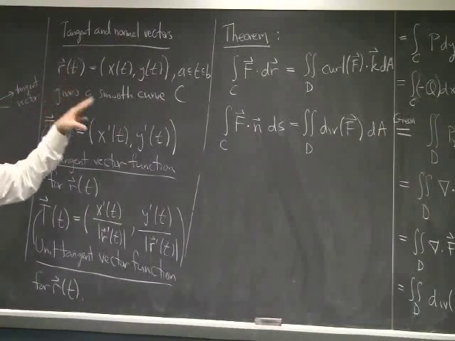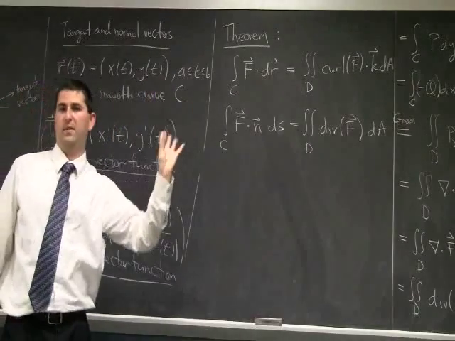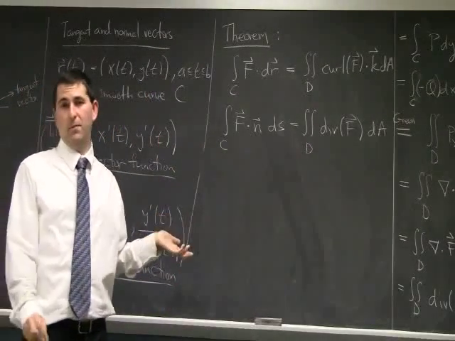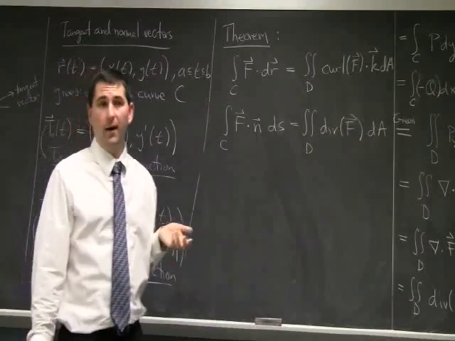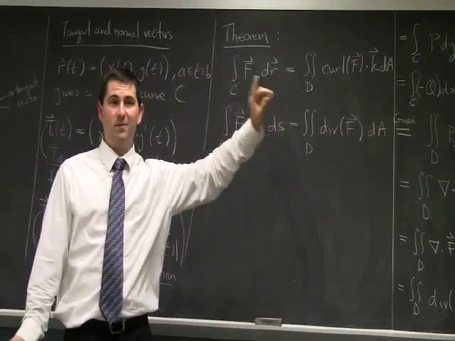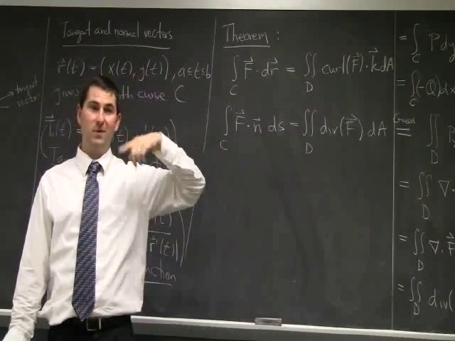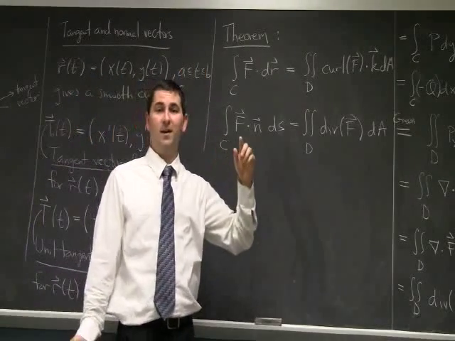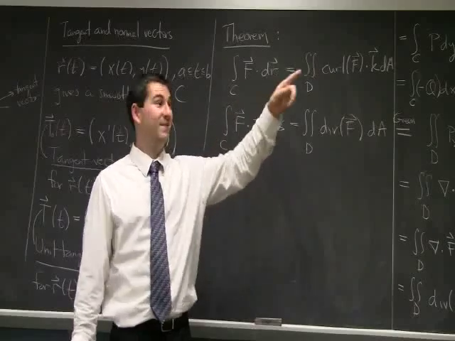So this curl and this div, which we defined because they were there, basically. I mean, it seemed pretty reasonable to try. Remember, we used curl originally because we wanted to know when a vector field was conservative. By the way, conservative starts with a C, just like curl.